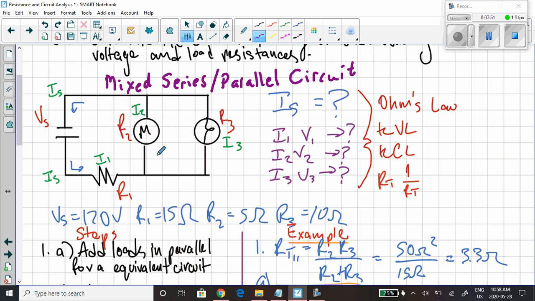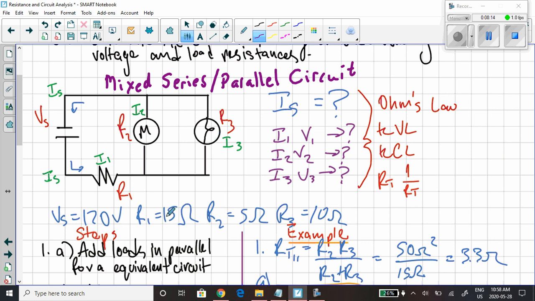These two, the motor and the light bulb, are parallel to each other. But the resistor, something that would heat up, is before both of them. So the resistor is before the parallel arrangement. So the resistor is in series with the parallel arrangement. That's called a mixed series parallel circuit. What else do we know?